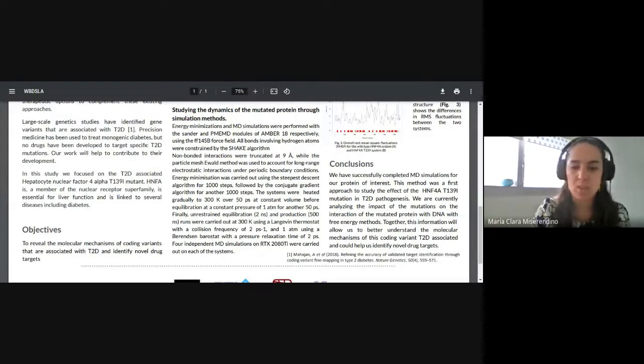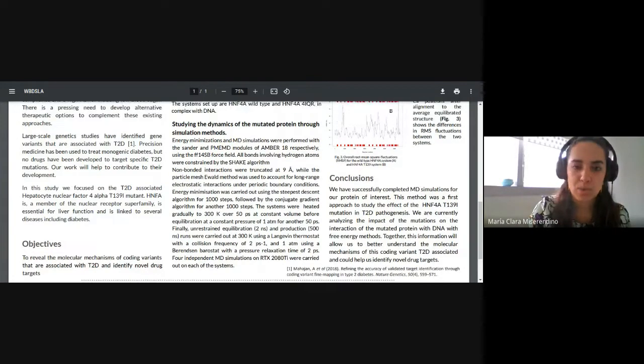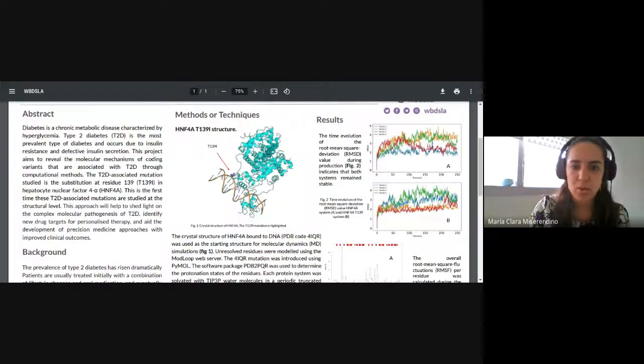And now I'll show you what we have done so far and which are our next goals. So, to start our molecular dynamics studies, we use the crystal structure of HNF4 alpha bound to DNA, which we found with the PDB code of 4IQR, and it was used as a starting structure.